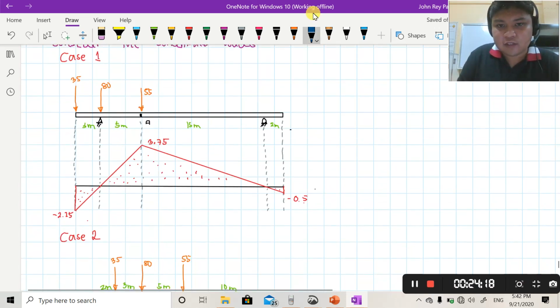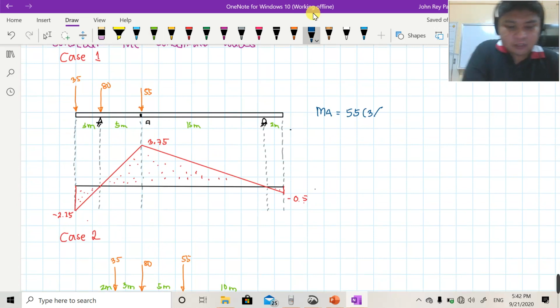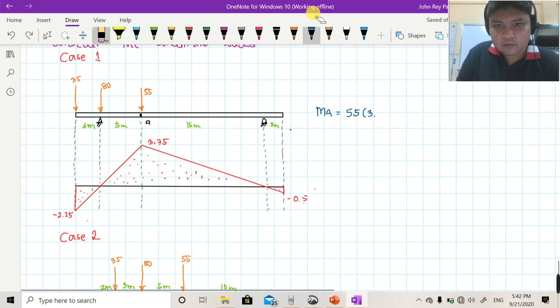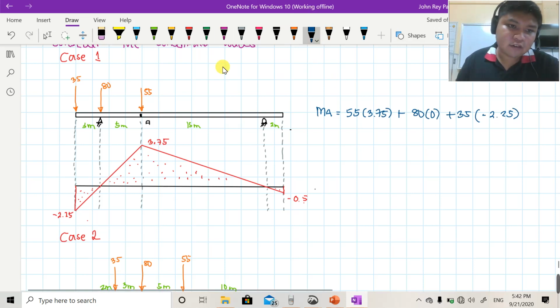So, therefore, ang computation natin, moment at A is equal to 55 times 3.75 plus 80 times 0 plus 35 at this time is negative 2.25. Kasi class, based sa ordinate, yun naman talaga, negative 2.25 siya class.